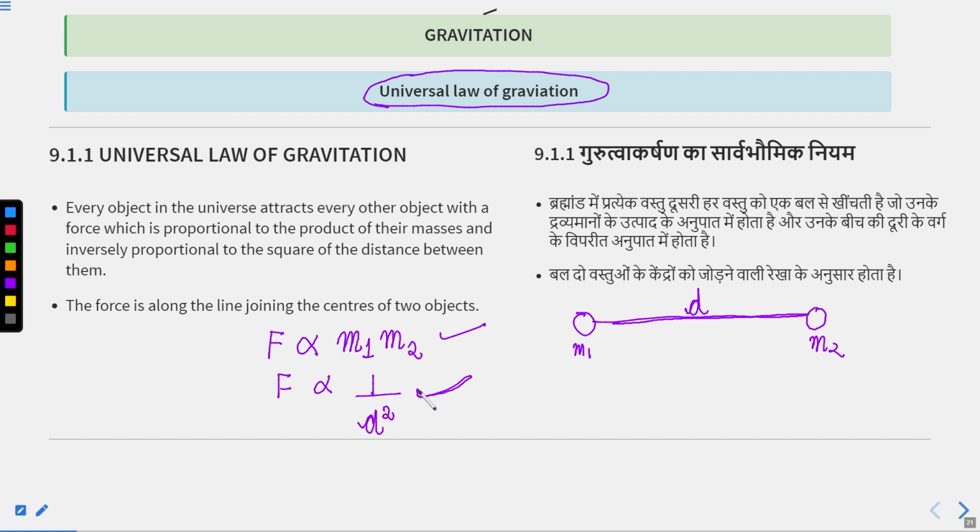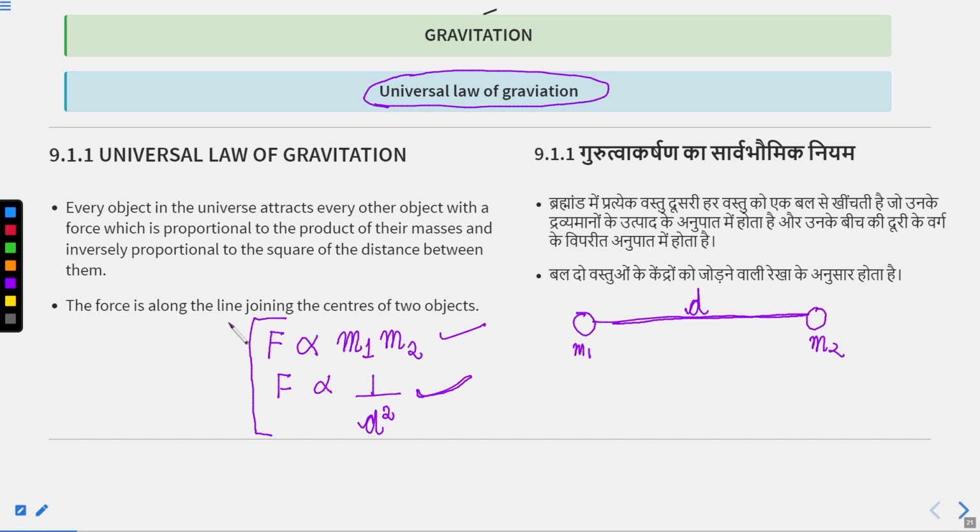If I separate these two objects and increase the distance between them, then the magnitude of the force will decrease gradually. So this is the first point of the universal law of gravitation.